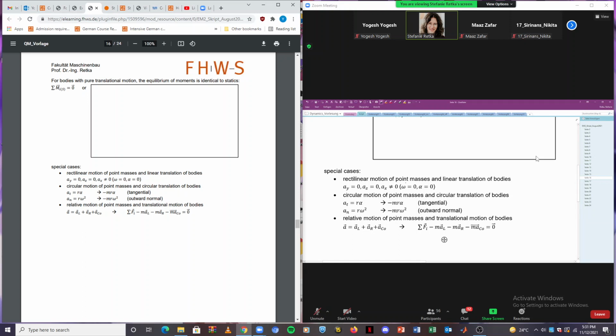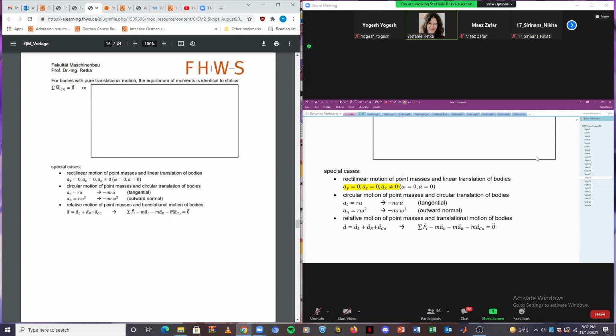Of course, in this case, our acceleration would be 0 in 2 directions, and there would only be an acceleration in 1 direction. For example, in the x direction. Could be another y direction or z direction as well, of course. But in this case, there would be only 1 acceleration. And of course, in case of a translation, there are no angular components, angular velocity or angular acceleration.